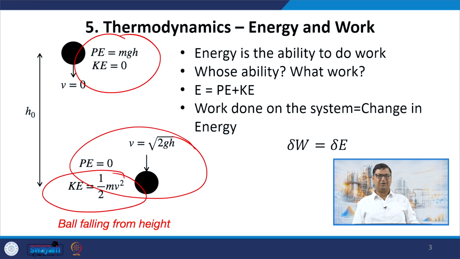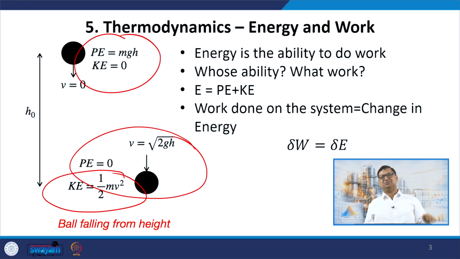So what exactly happened here? Once this ball was falling down, the kinetic energy was gradually increasing. The ball became faster and faster over time, and potential energy gradually kept decreasing. In other words, potential energy change gave rise to a change in the kinetic energy, or we can say that the net energy of the system remained constant.